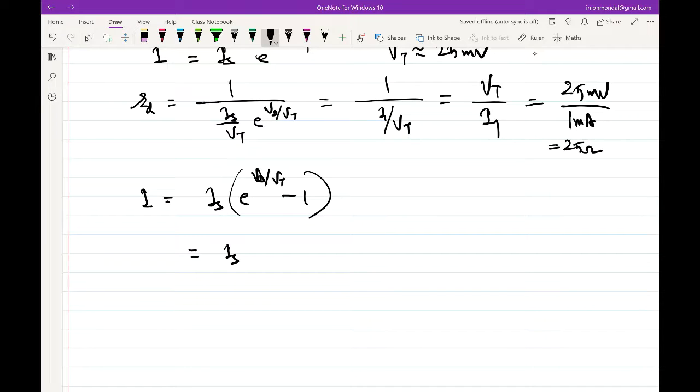What should I write? I want to find I plus delta I for this case. Let's say I neglect the -1. How should I write out the diode equation?